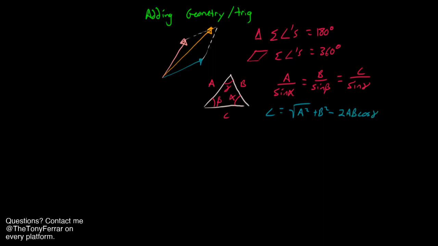And so these two relations, depending on what we know in terms of how long the vectors are or the angle between them, things like that, we can actually use this to solve the triangle and write out all the sides and all the angles and then add things together that way to find, say, this unknown resultant vector and how big it is.